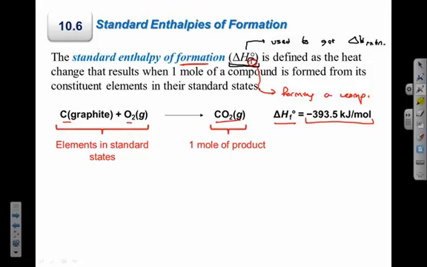So that's what heat of formation is. I form a compound starting from the elements that make it up and find out how much heat is exchanged with the surroundings, and that's delta H for that compound. Right? So forming CO2 from carbon and oxygen, is that endothermic or exothermic? It's exothermic, because I have a negative sign. Does that tell me that CO2 is relatively stable or relatively unstable?